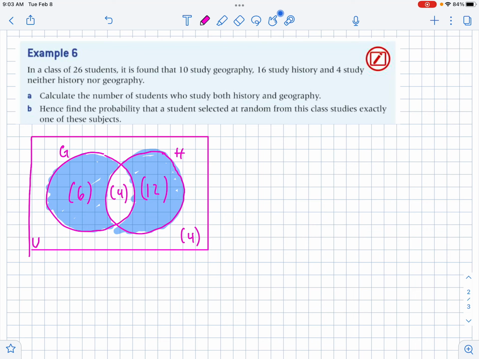So Part A, the people who study both history and geography is 4 people. And part B, probability that a student selected studies exactly one of these subjects. Well, that's going to be 6 plus the 12 out of the 26, which is 18 out of 26, which is 9 out of 13. Fully reduce those fractions, please.